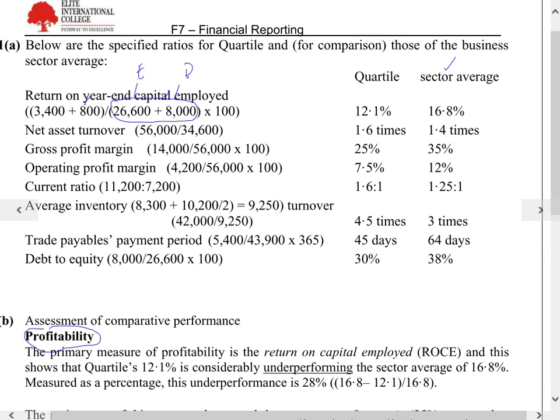So in terms of profitability, ROCE, 12% overall, we have a lower return. And you know, our examiner likes to explain this point.